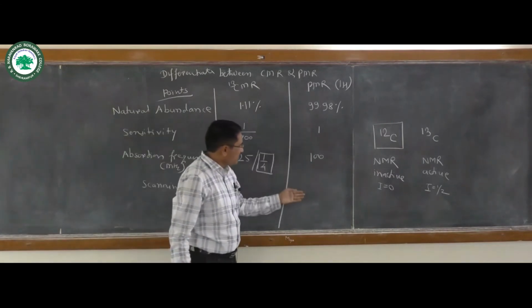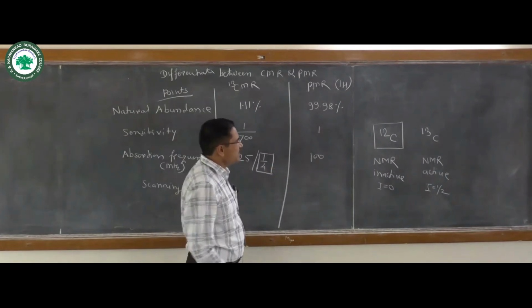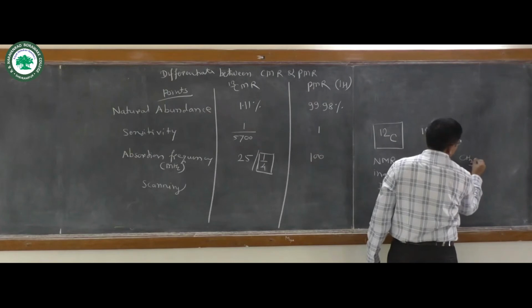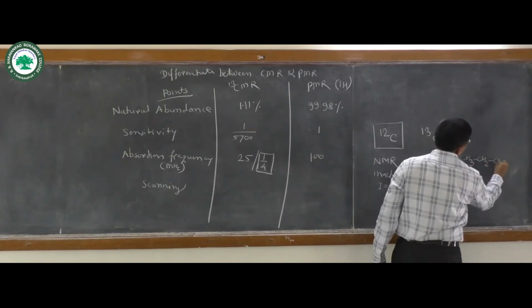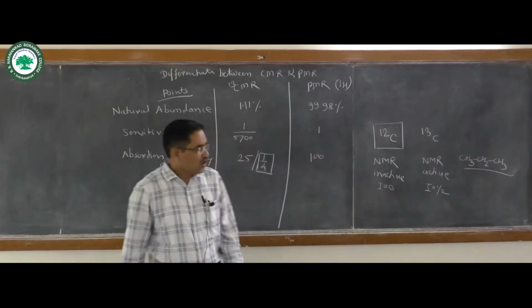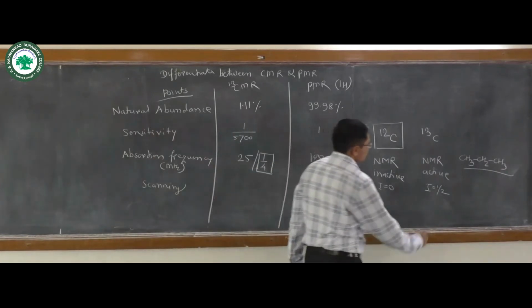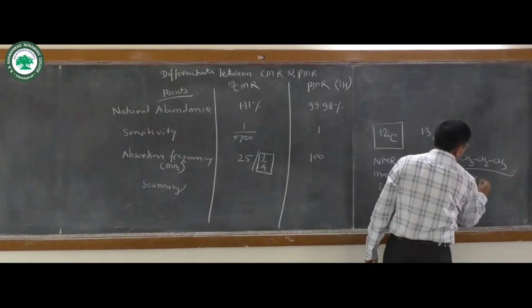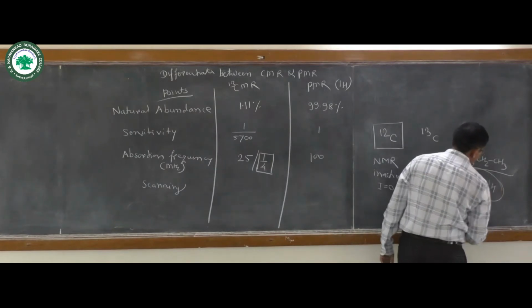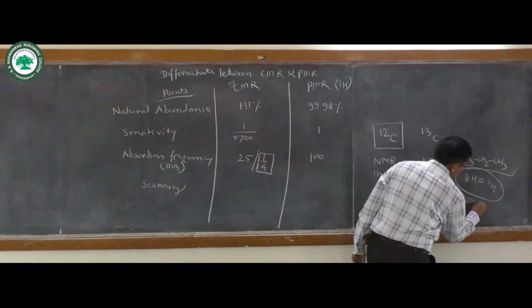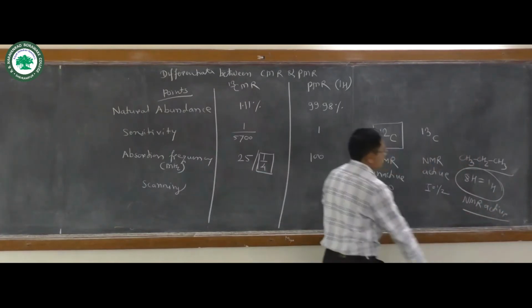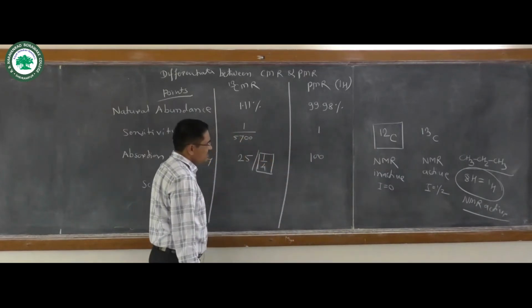in case of PMR, suppose we take any particular example. Suppose we take here propane. All these 8 hydrogens are H1 and all are NMR active. Why?